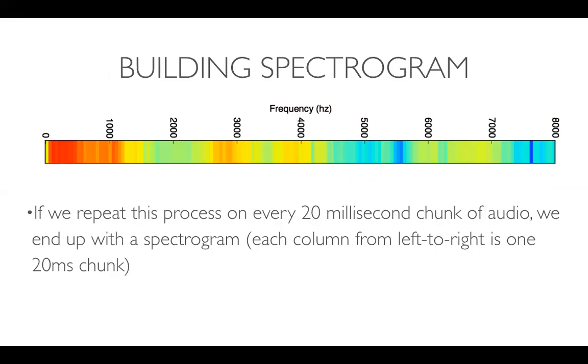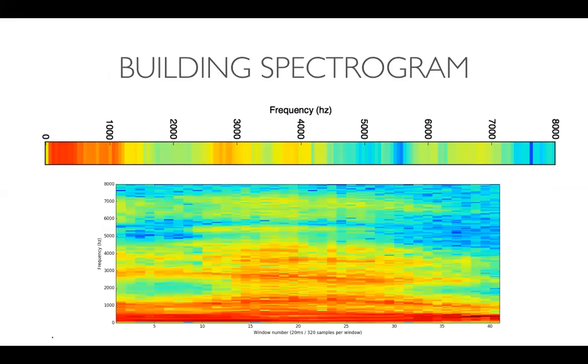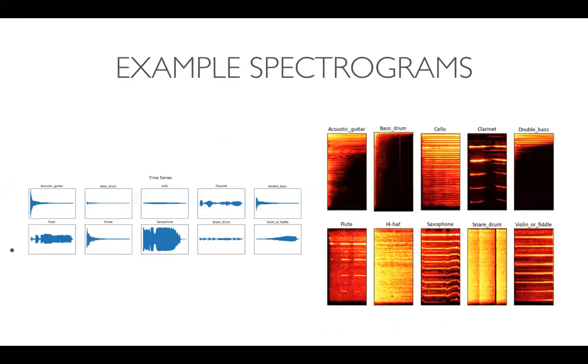If we stack multiple of them, sampled over many samples, with 320 samples per window, we get a two-dimensional spectrogram, or image, which is similar to the images we use for our computer vision tasks.